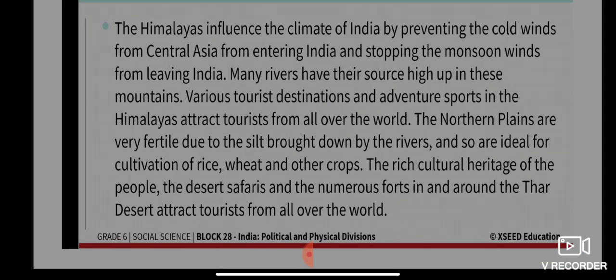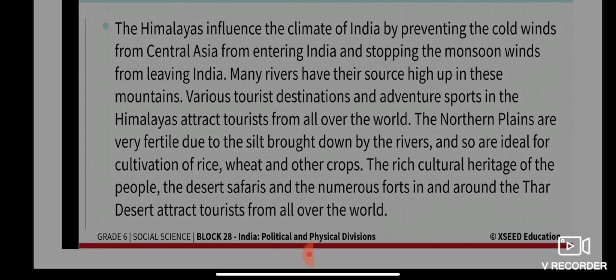We know that the Himalayas influence the climate of India by preventing the cold winds from Central Asia from entering India, and also stopping the monsoon winds from leaving India. Many rivers have their source high up in the mountains. Also, various tourist destinations and adventure sports in the Himalayas attract tourists from all over the world.